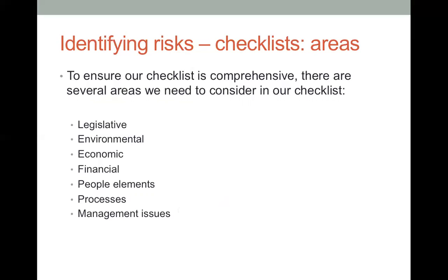Let me audit that. Let me check whether you have an appropriate waste management system, so that it is well managed. Then there is environmental, like your competitors, for instance, economic, financial, and people elements.